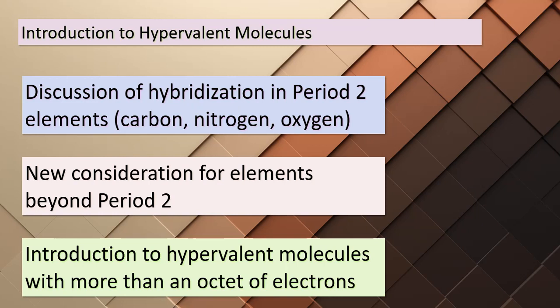These elements often form compounds where they have more than an octet of electrons around the central atom. Imagine more electrons than the usual 8. One way to visualize this is through examples like phosphorus pentachloride, SF6, and BrF5, where the VSEPR model helps predict their geometries quite well. Now, let's explore whether we can apply hybrid orbitals to understand the bonding in these unique molecules.